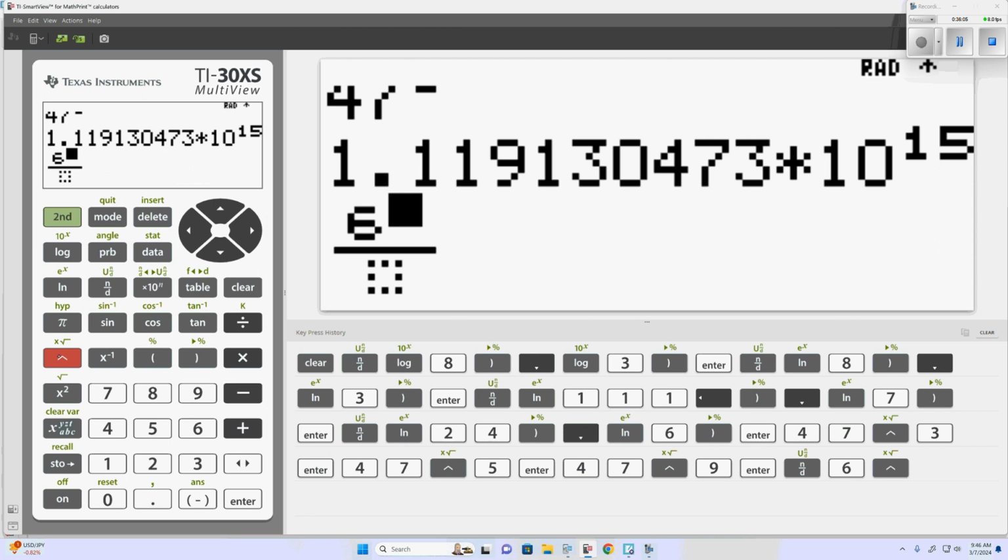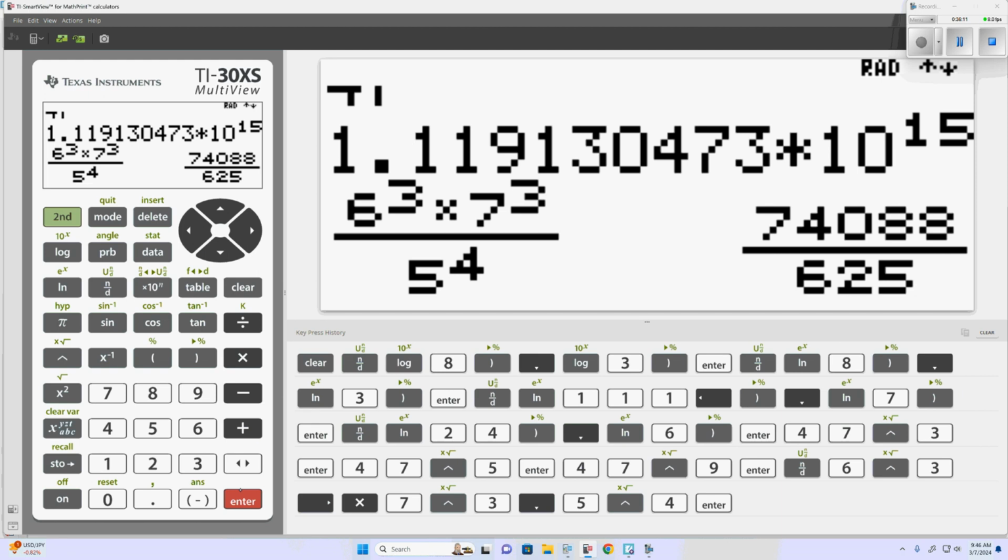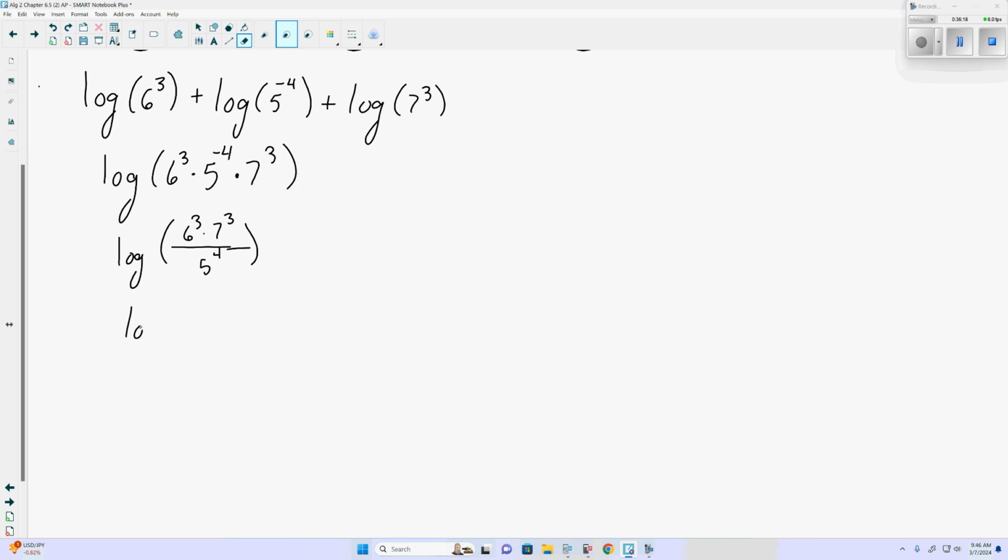Fraction 6 to the third times 7 to the third over 5 to the fourth. 74088 over 625.